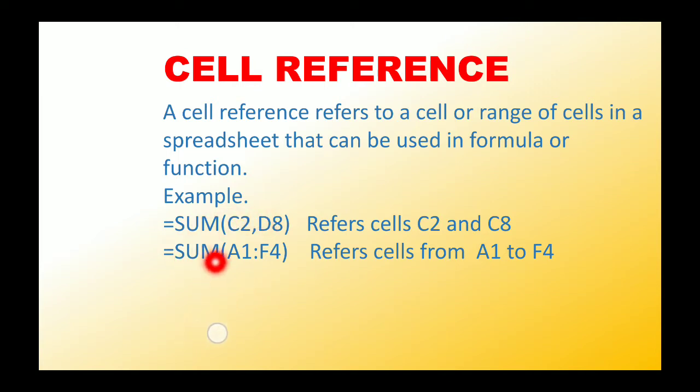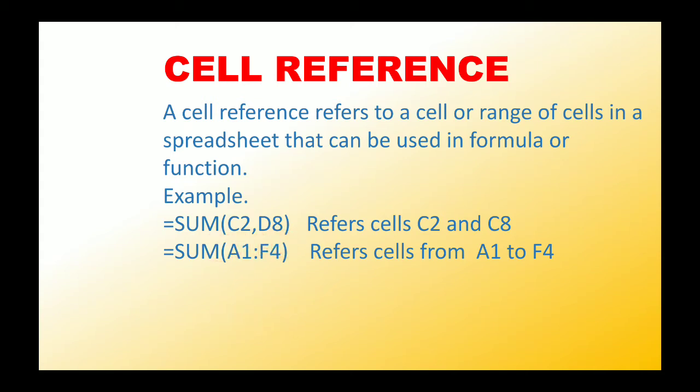Similarly, here the values from A1 to F4 will be added using the SUM function. So C2 and D8, and A1 to F4, are referring to the values which are stored in the cells. These are the addresses or cell references.